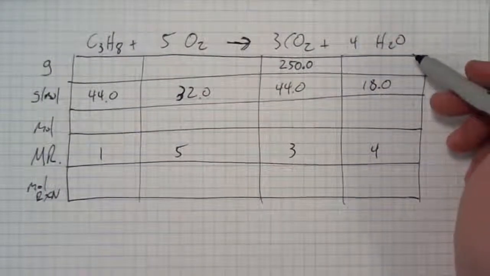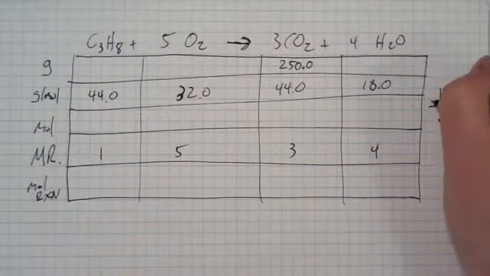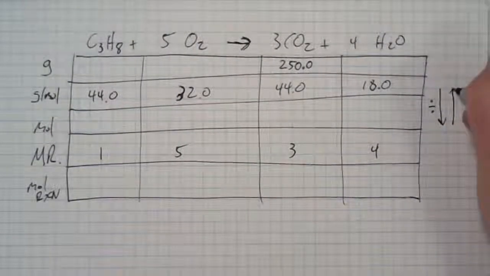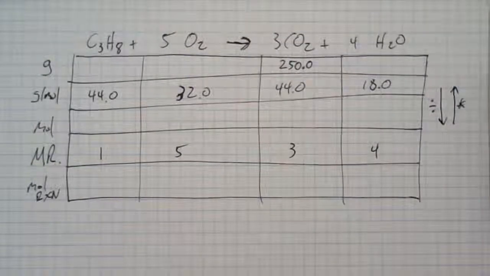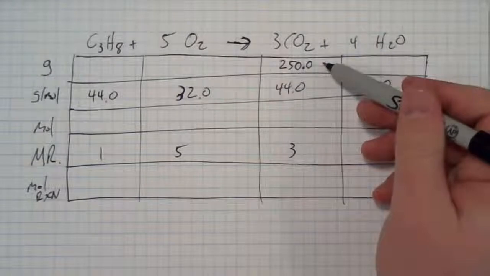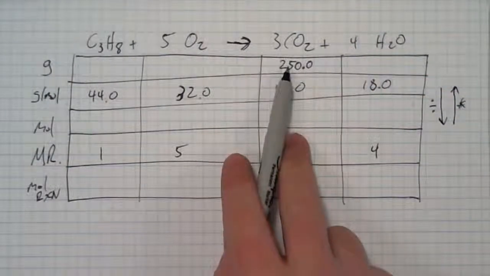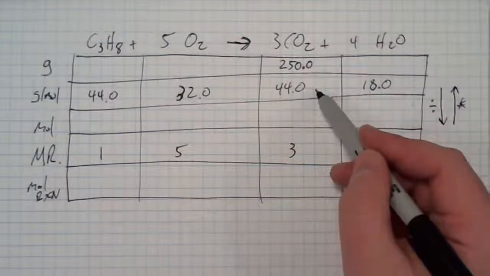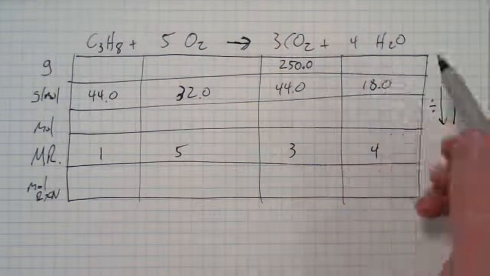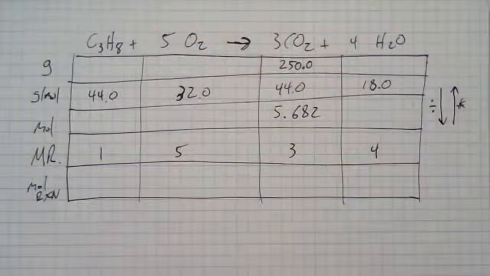Remember the way the Stoich chart works is it's divide going down and multiply going up. So we're going to take the 250, that's 250 grams of carbon dioxide, and divide that by its molar mass. That winds up being 5.682.